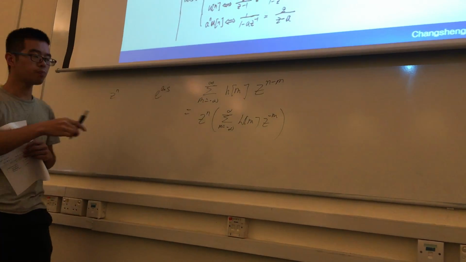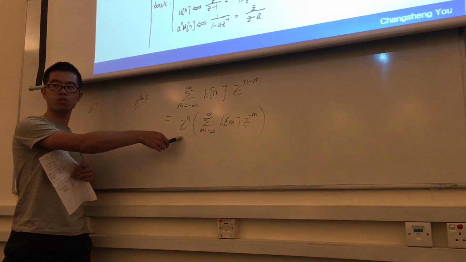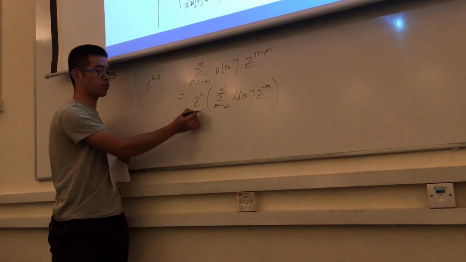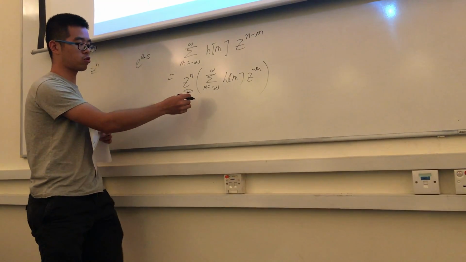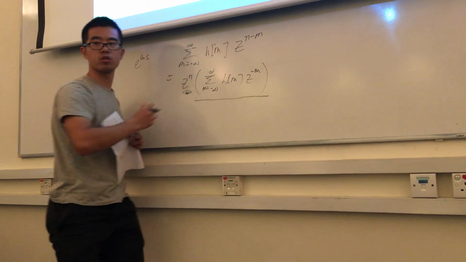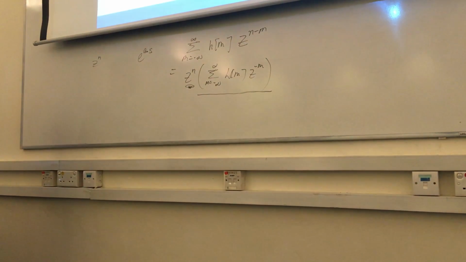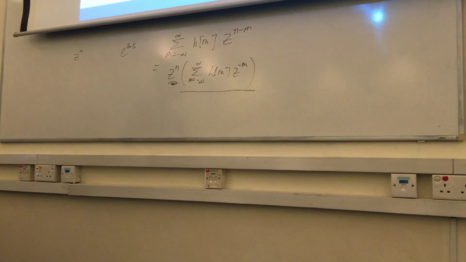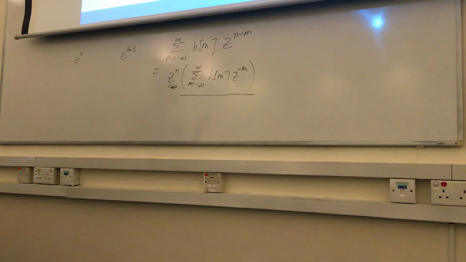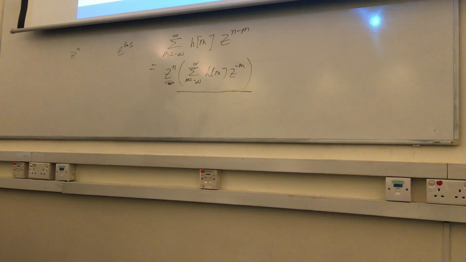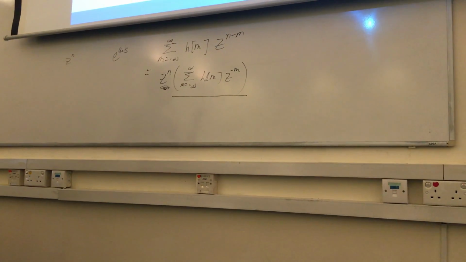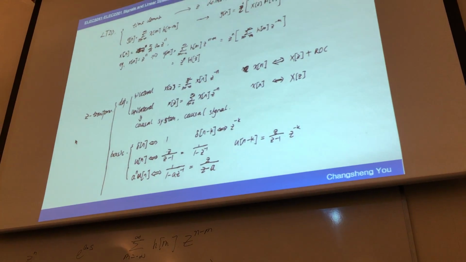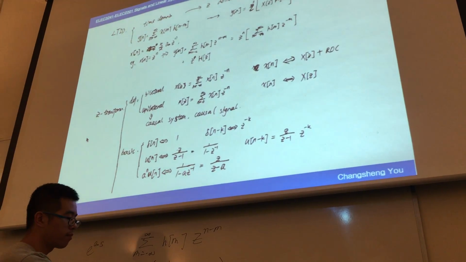So we see the input is an exponential signal, and the output is also an exponential signal. The difference is it is just multiplied by some value, so it can change the amplitude and phase, right? So the output and input have similar forms. It is an exponential signal. And we define this value as the Z transform.